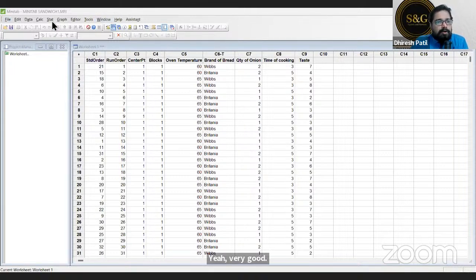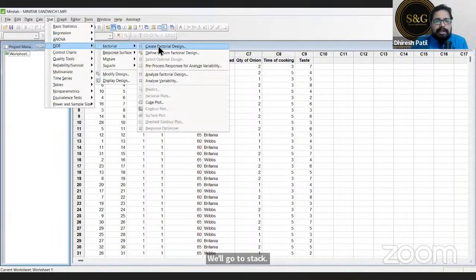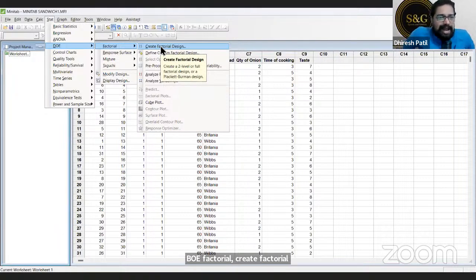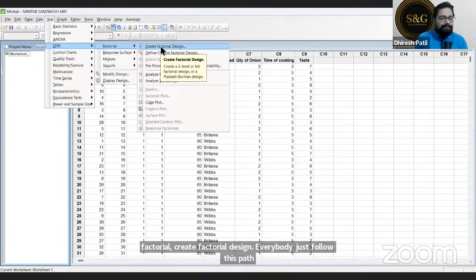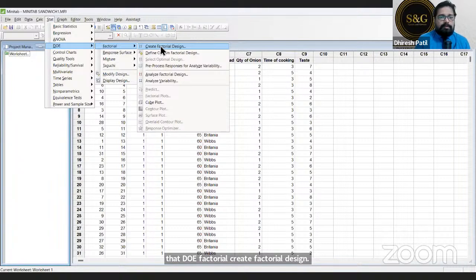We'll go to Stat, DOE, Factorial, Create Factorial Design. Everybody just follow this path. Stat, DOE, Factorial, Create Factorial Design. Everybody with me?